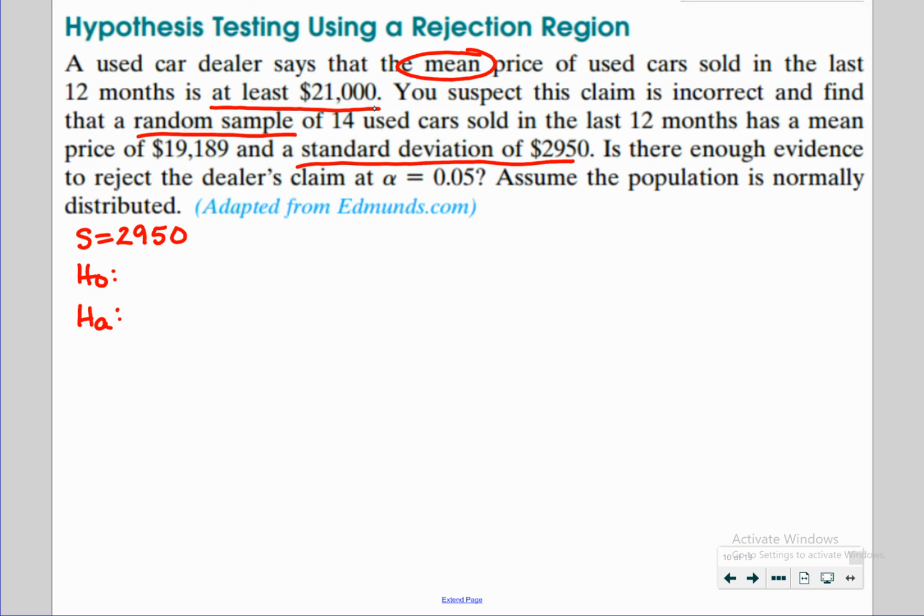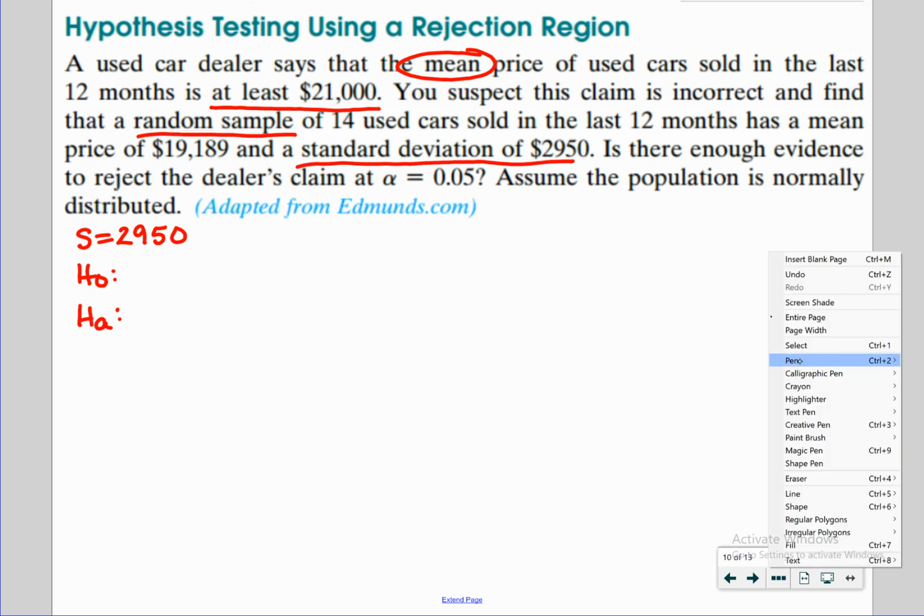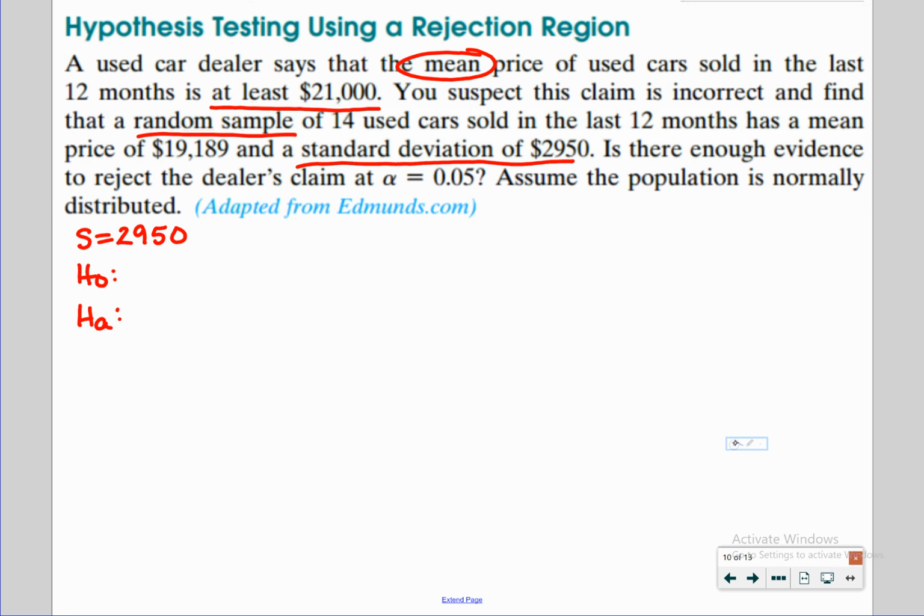Well, what does at least mean with our inequality symbols? Less than, greater than, equal to? At least means greater than or equal to. And because it's equal to, we use it as what hypothesis? The null. Okay, so my mean is greater than or equal to at least 21,000, and that's my claim.